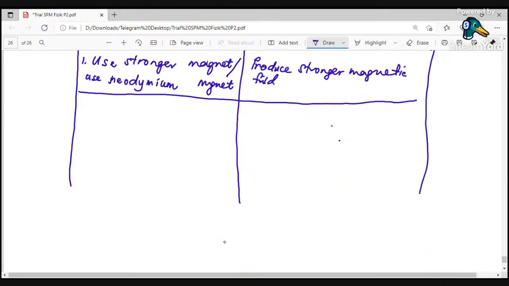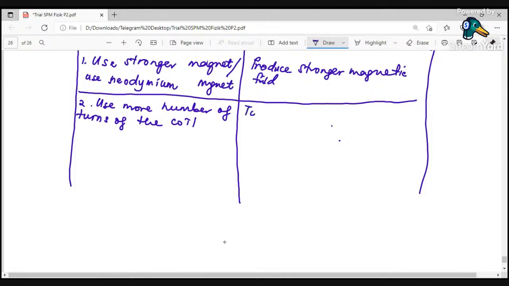Second aspect: use more number of turns of the coil. Coil yang lebih banyak turns.